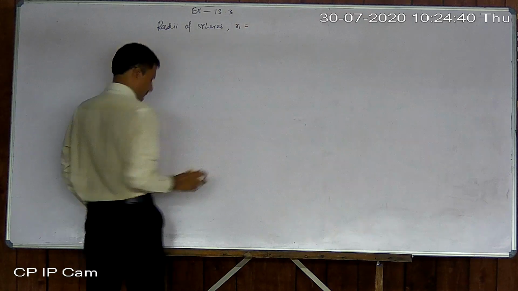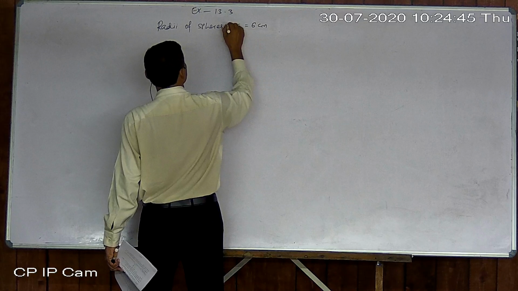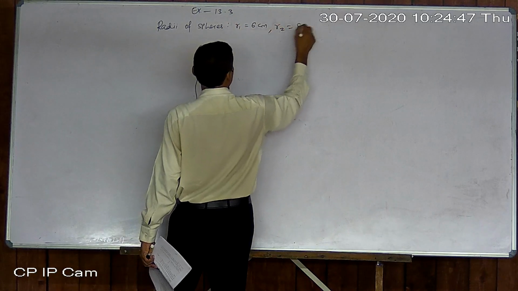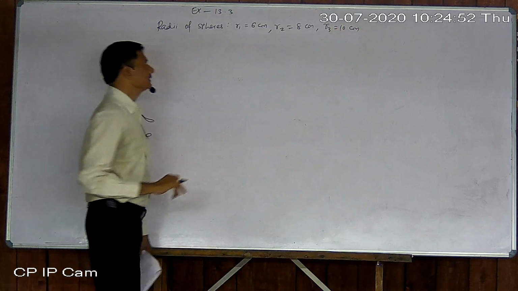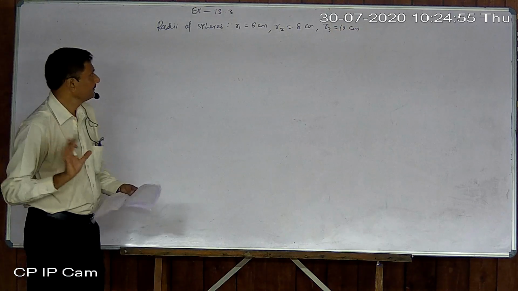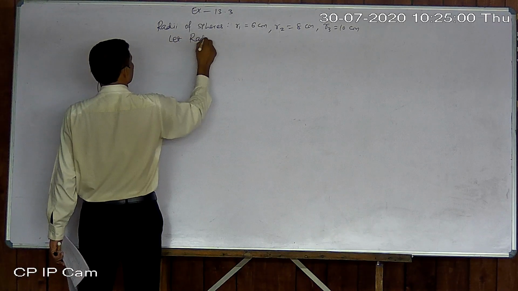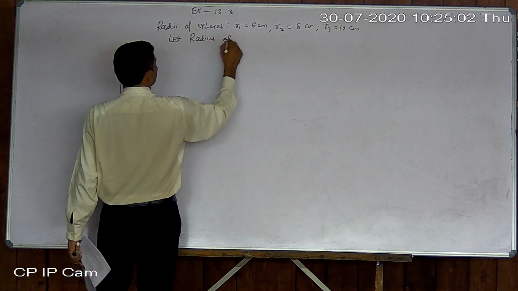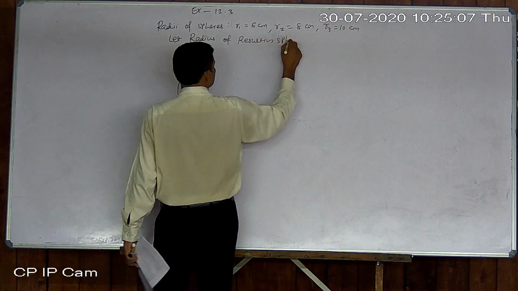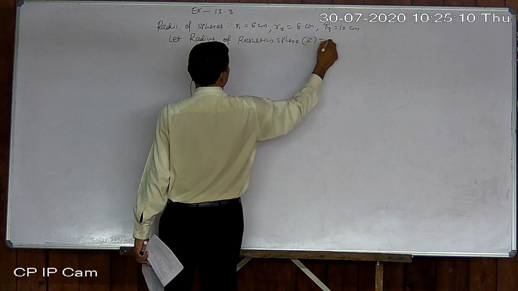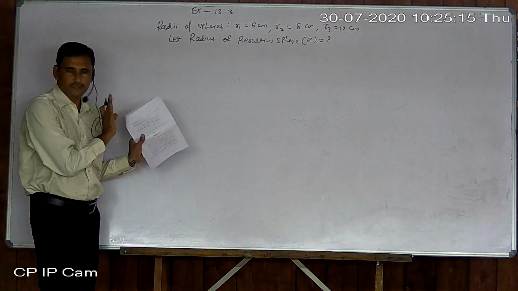R1 equal to 6. Okay. R2 is 8. R3 is 10. Okay, so all are written. 6, 8, 10. Now, let the radius of the bigger or resulting sphere be, we just suppose, capital R, and that is not given, so question mark. Okay, so what is given, what is R, everything is clear.